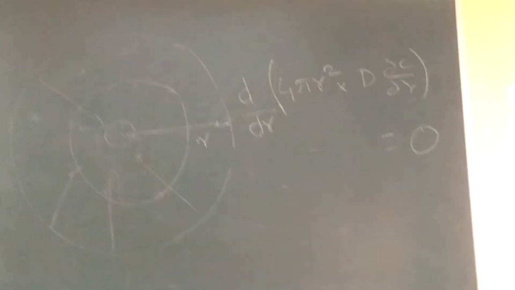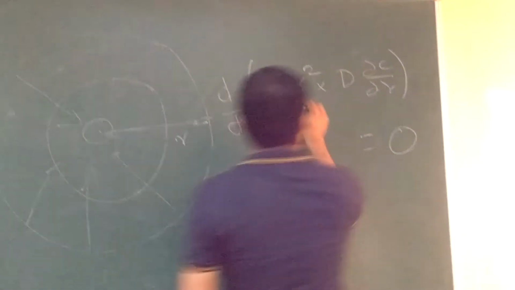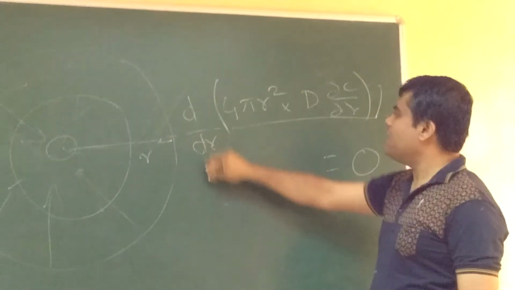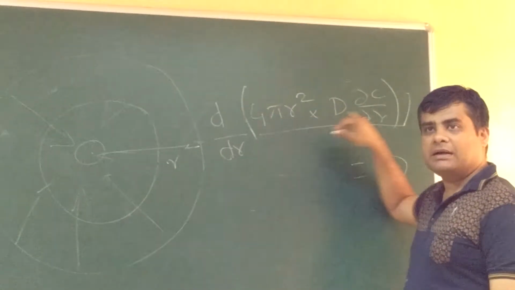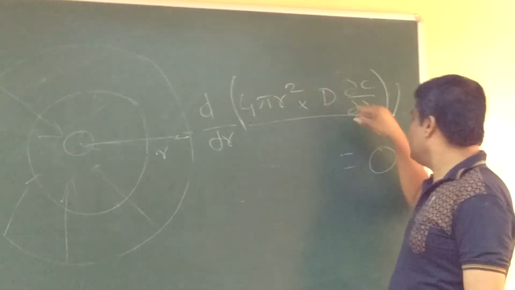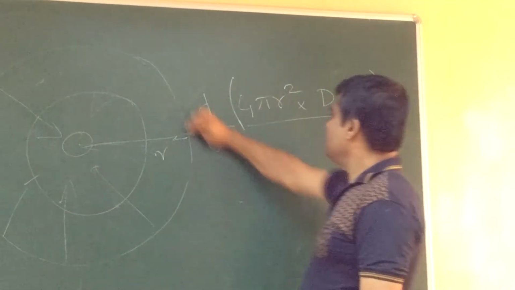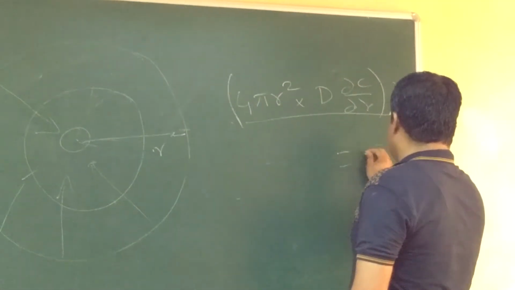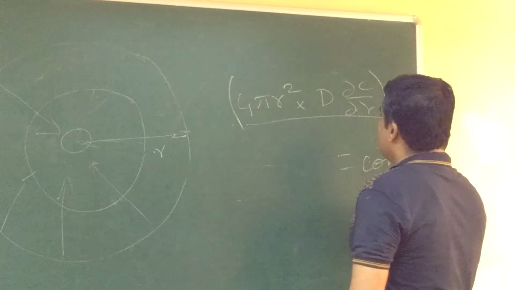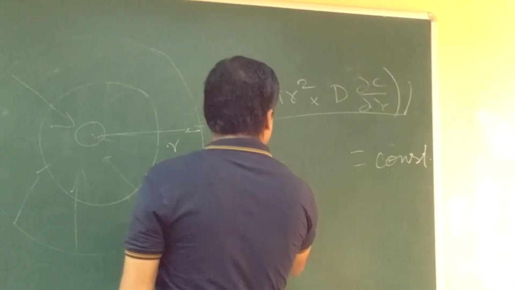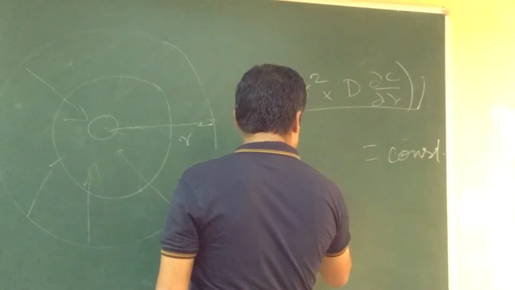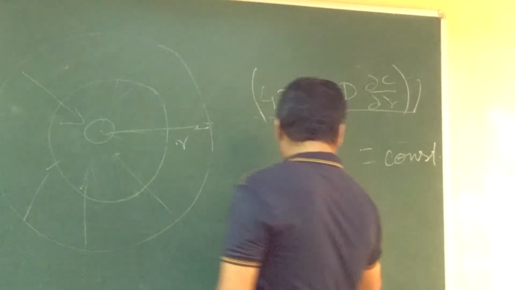That's the assumption we have taken. In that case, can we apply Fick's law? So d/dr of 4 pi r square D del C del R equals 0. That means the inside is constant, so r square del C del R is constant.